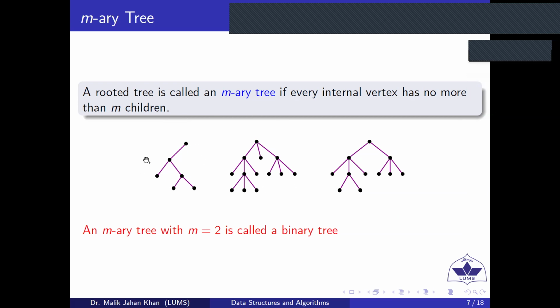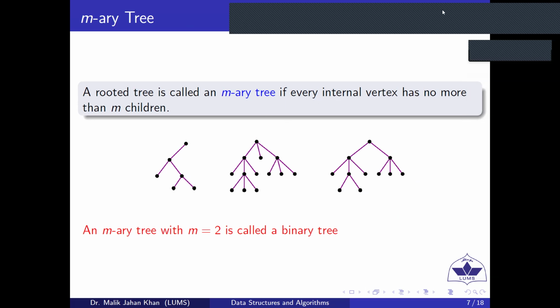For example, in the leftmost tree, the number of children at the root is 1, then the number of children at another node is 2, and at another node it is also 2. If you look at the tree in the center, the root has 3 children and the rest of the nodes also have 3 children except the leaf nodes and the center node. So if we relook at the definition, it says that a rooted tree is an m-ary tree if every internal vertex has no more than m children.